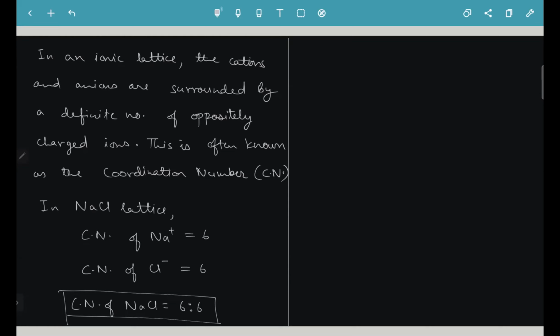Next, we'll study lattice energy, or lattice enthalpy.